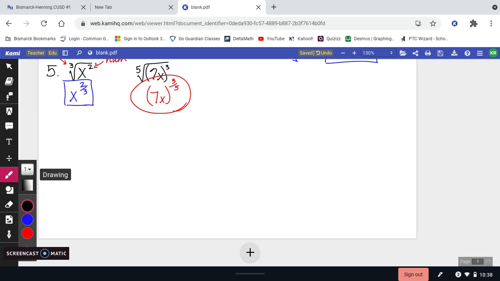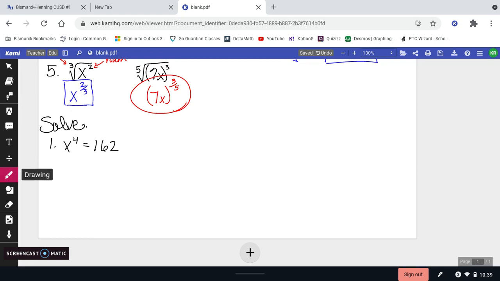We'll try this. x to the 4th equals 162.